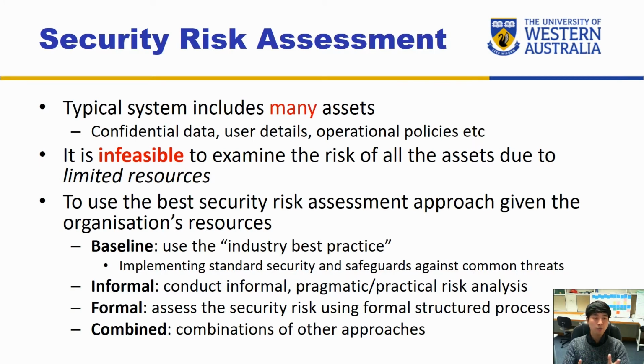There are informal approaches, conducting informal, pragmatic, practical risk analysis, basically just doing your own testing and patching it as you go. There are formal approaches, like assessing the security risk using a formal structured process. We'll talk a bit more about that later on. Okay? And also you can do combinations of those previous ones.